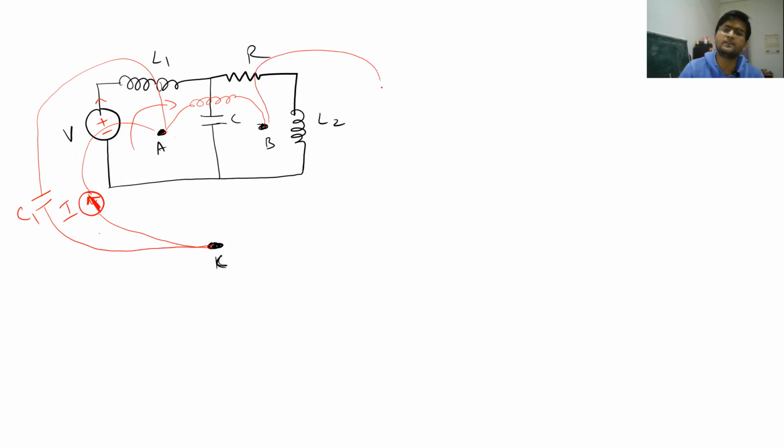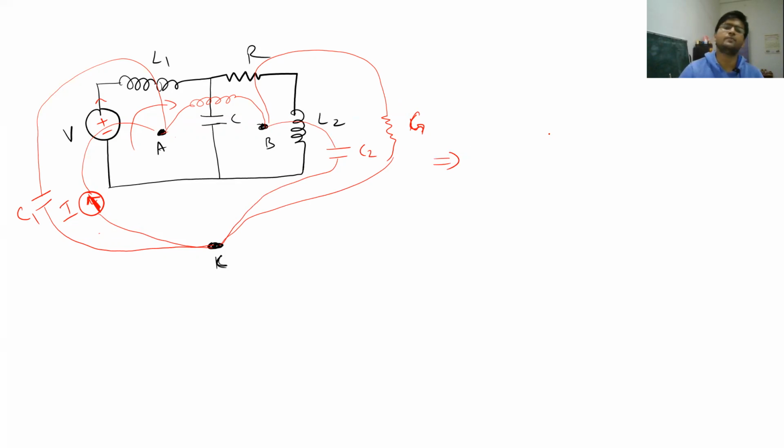First one is resistor, and you know that you have to convert the resistor into a corresponding conductance, right? So we will see what will be the value of this conductance, and then again you will have a capacitor in place of this inductor L2. So let me call this as C2.